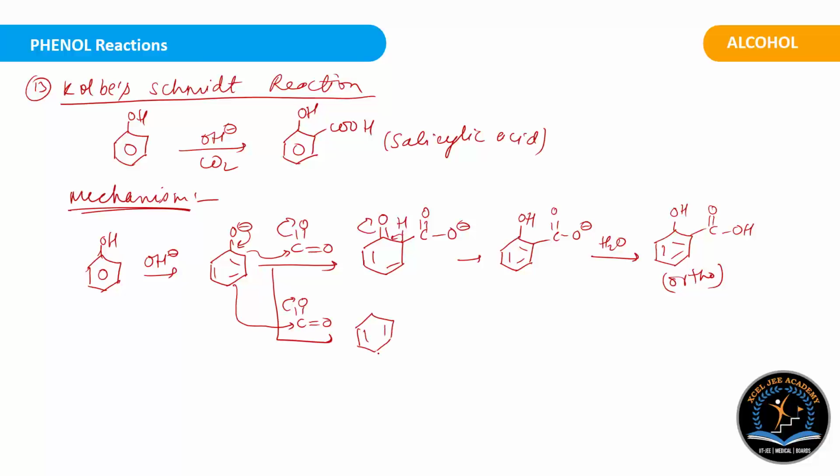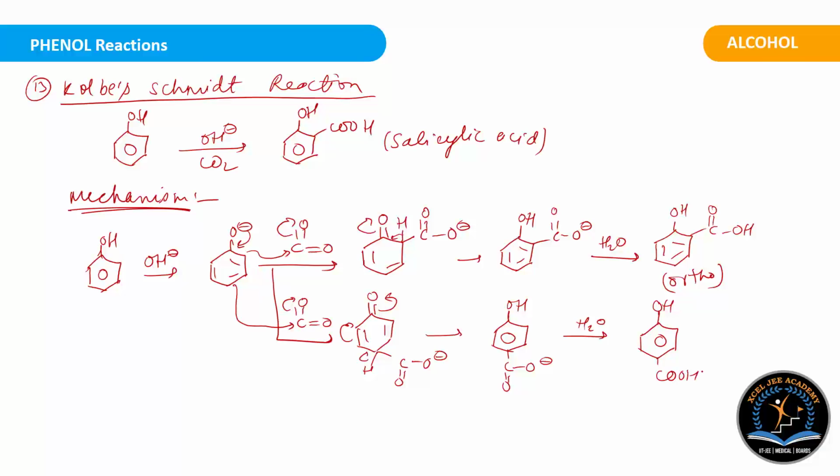The similar reaction will be done. So this is hydrogen, C double bond O, O minus. Again tautomerization will take place. After this tautomerization, again this is aromatic and this is C double bond O, O minus. Now again in the presence of water, water will donate its H plus, therefore it will be a COOH group.